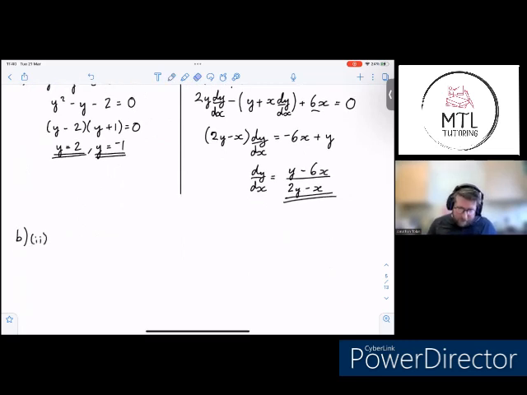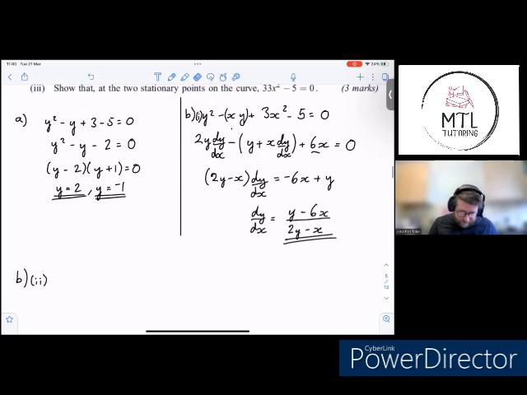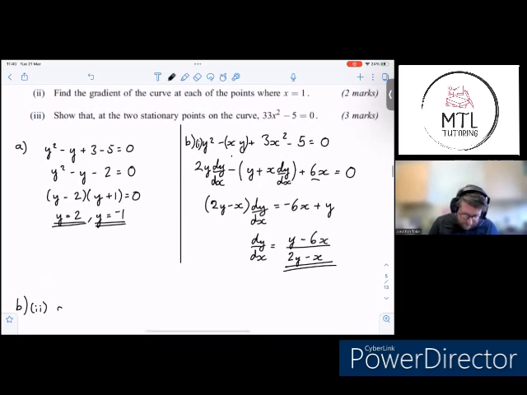Okay, so at the point, let's go for 1, 2. dy by dx equals 2 minus 6 over 2y, so that'd be 4 minus 1, which is minus 4 over 3.